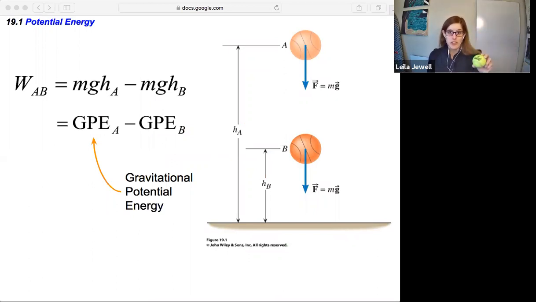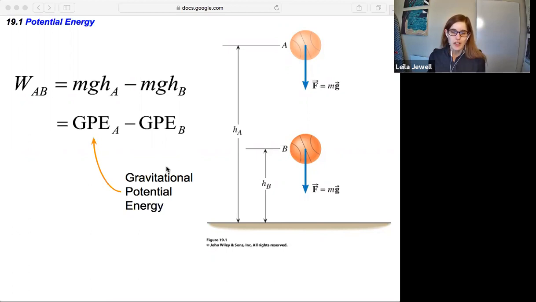You could also calculate the potential energy at another height, and you could calculate the work done by gravity in moving from height A to height B. That would be equal to the change in gravitational potential energy, which here we've written as GPE. Previously, we just said PE for potential energy. The G is just for gravitational potential energy. So that's one example that we've already seen before.